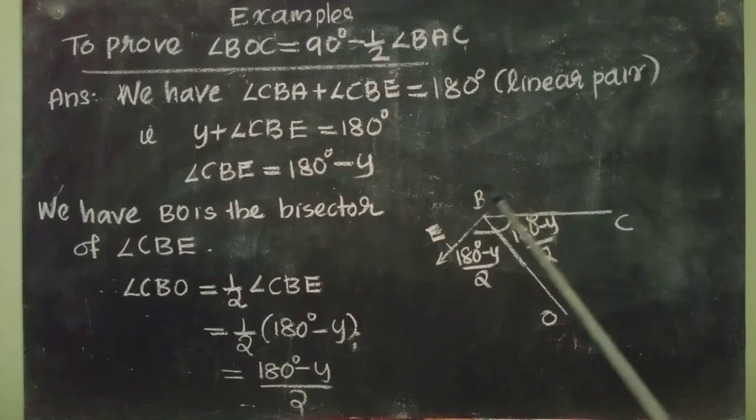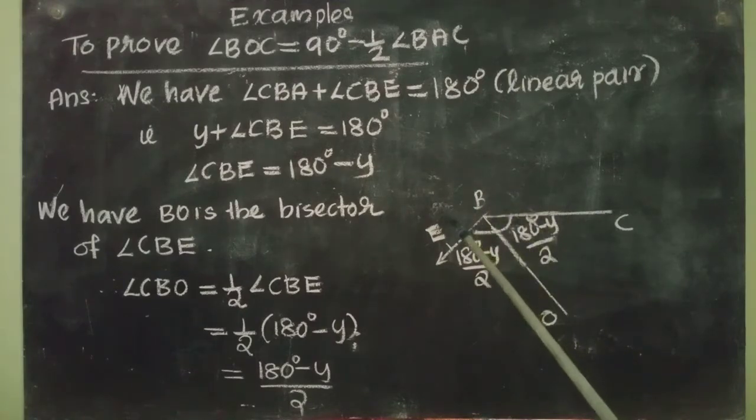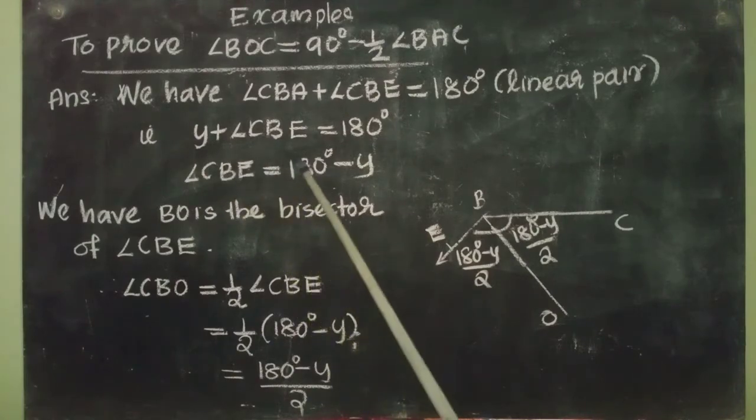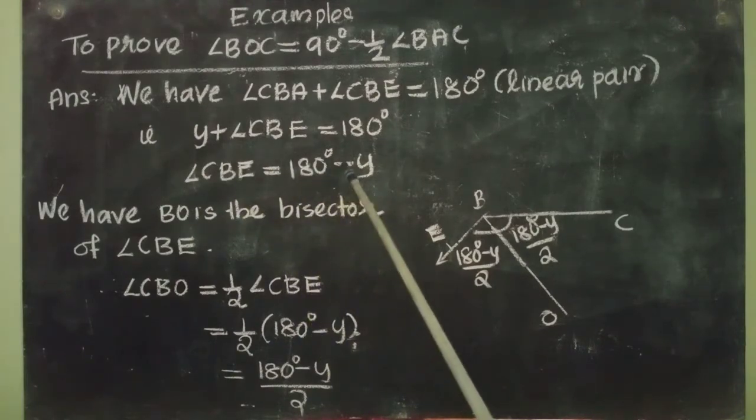It is half of this whole angle CBE. That is equal to half into (180 degrees minus Y), because we know angle CBE equals 180 degrees minus Y. That is equal to (180 degrees minus Y) whole divided by 2.